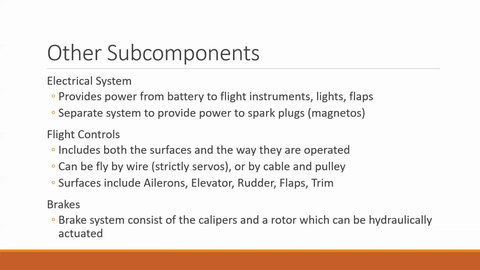This is done mostly because, especially in larger aircraft, it's almost impossible to put enough force on the stick to control that flight control surface. It's just too big, and it's too heavily weighted down by the forces on it that you wouldn't be able to move it. And so this is done by servos and fly-by-wire computers.